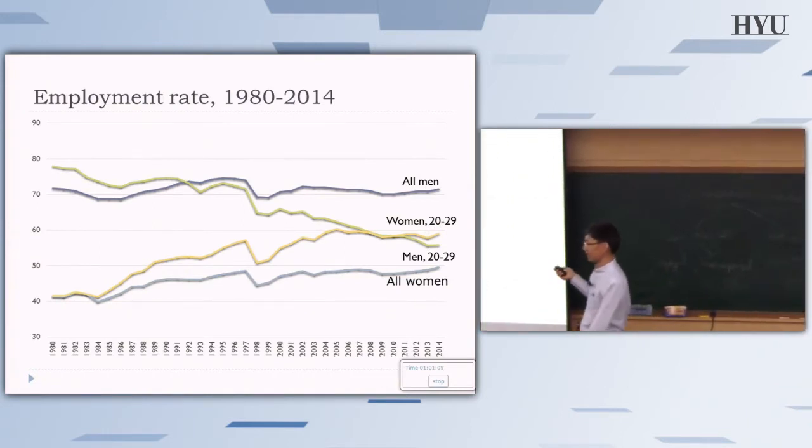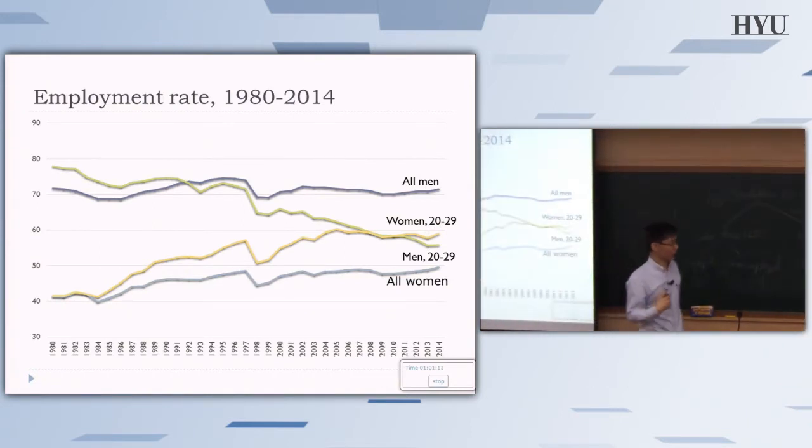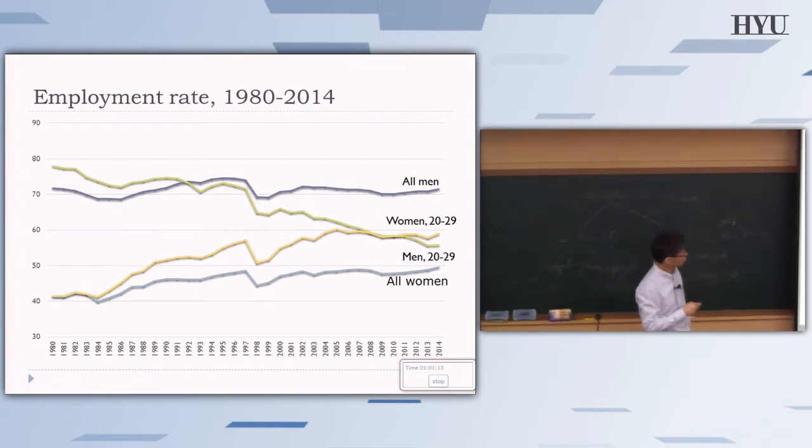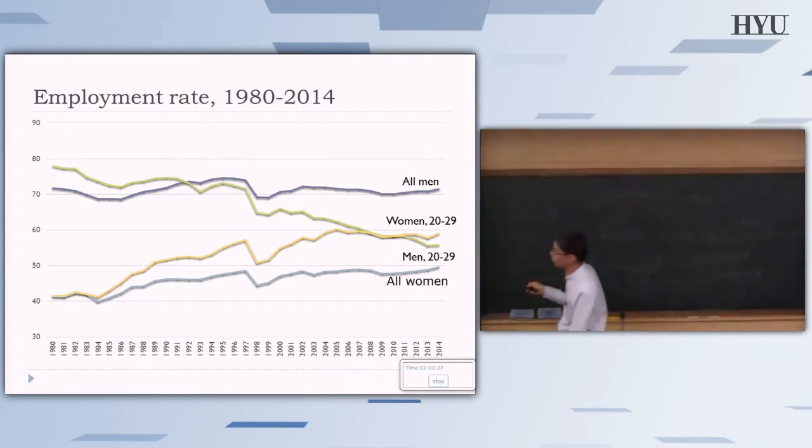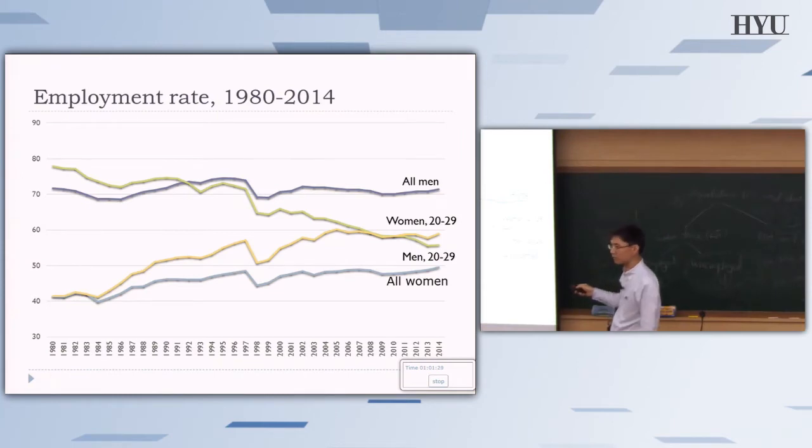Now, the thing is, if you look at employment rate, ER, the picture looks a bit different. First thing is that all men, it's around 70%. It's pretty much stable for the past 35 years. 70%. Didn't change much. Ups and downs, but 70%. It's a pretty stable number. How about the women? All women, it starts around 40%.